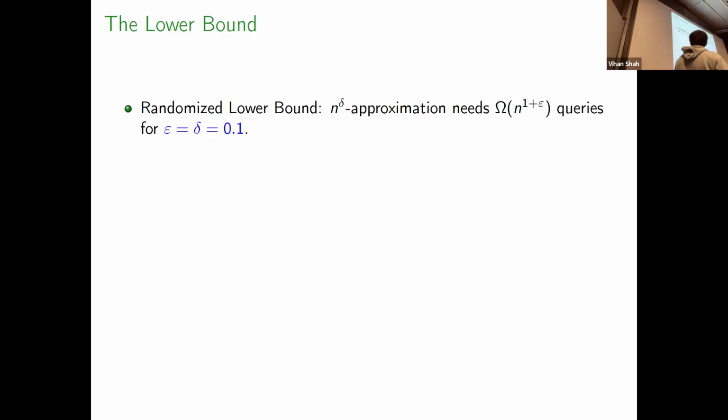To prove the randomized lower bound, what we're going to do is prove a distributional lower bound. This is pretty common. I will prove a lower bound against deterministic algorithms but for distributions, and this will give me the randomized lower bound by Yao's min-max.